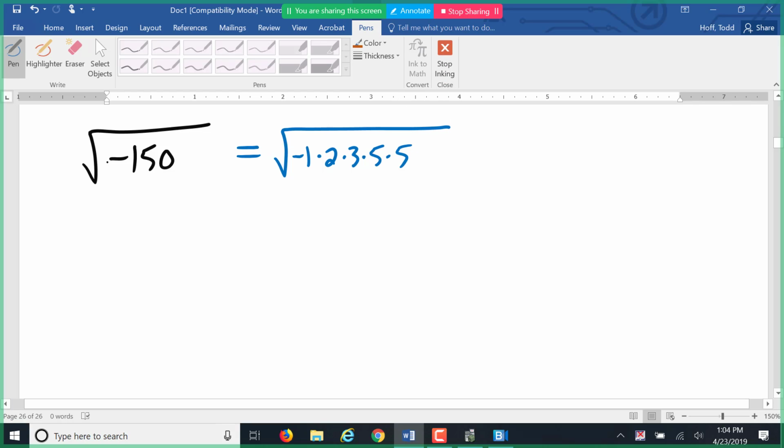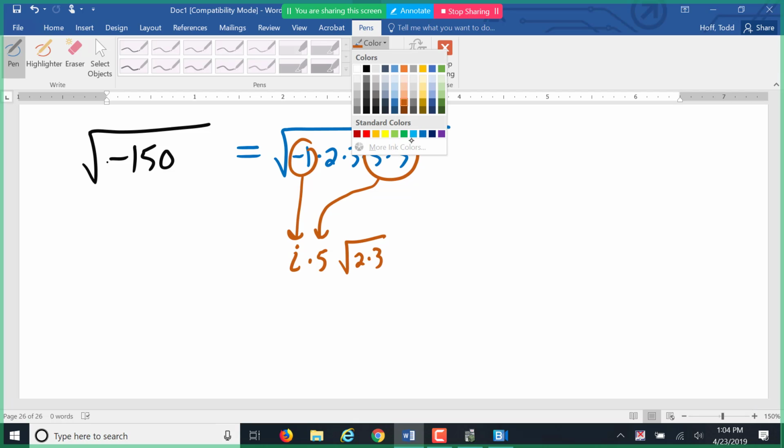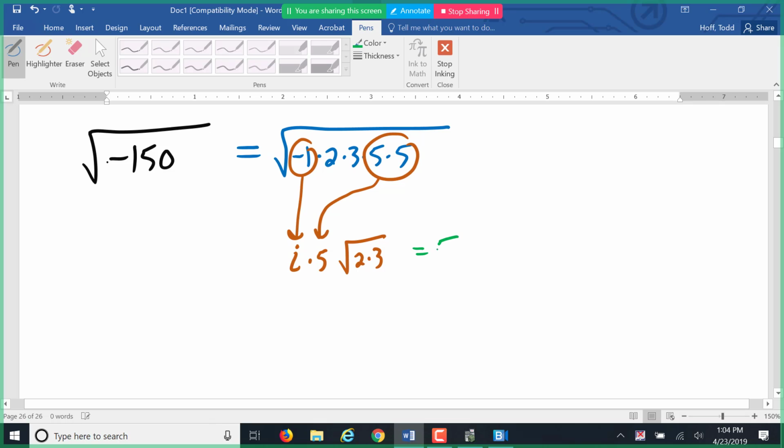So if you factor 150, you get 2 times 3 times 5 times 5. Of course, you got the negative 1 in there because it was a negative 150. So I can pull out the negative 1 to give us an i. The pair of 5, since it's a square root, give me 5. The 2 and the 3 are left inside the root. So that gives us 5i times the square root of 6.